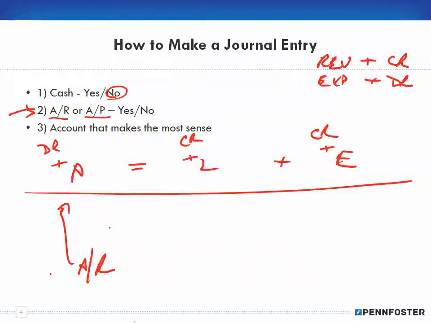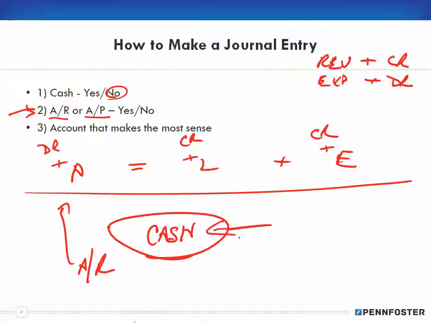What else do you know that's also an asset? Cash. After 20, 30 transactions using cash, you should start getting to the point where, whether you're debiting or crediting cash, you know that accounts receivable is an asset, so you think along the same exact lines as cash.